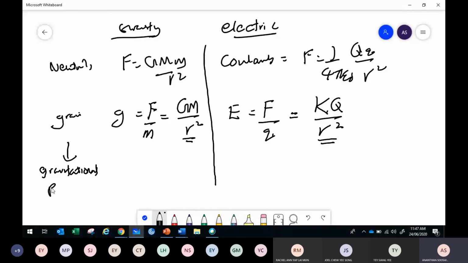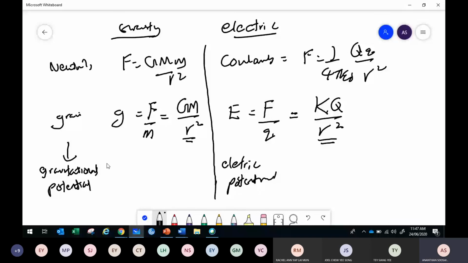You can predict what's going to happen in electric potential now. Electric potential works the same way. Can anyone tell me what is gravitational potential?